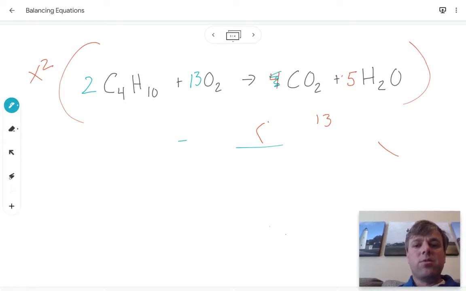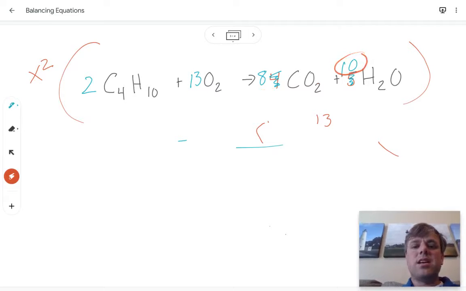This 4 will become an 8, and this 5 becomes a 10. So our coefficients are 2, 13, 8, and 10. And if you go through and double check everything, this equation is now balanced. So that one's a bit tough.